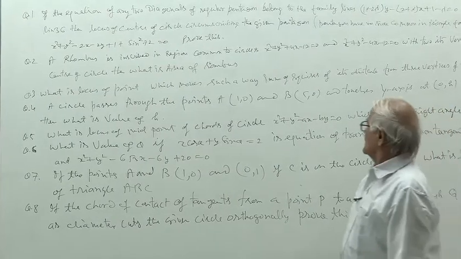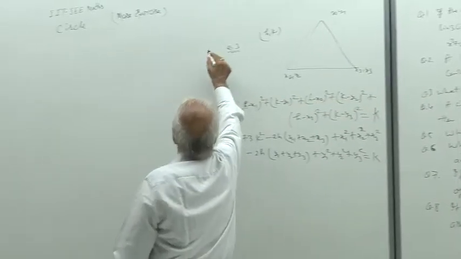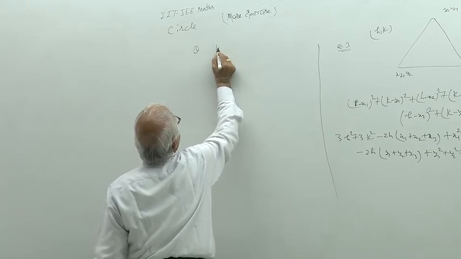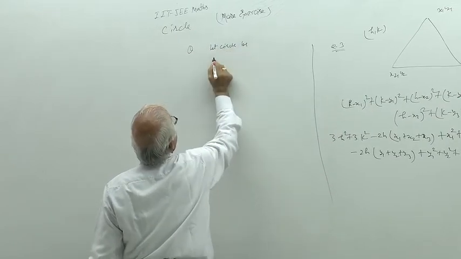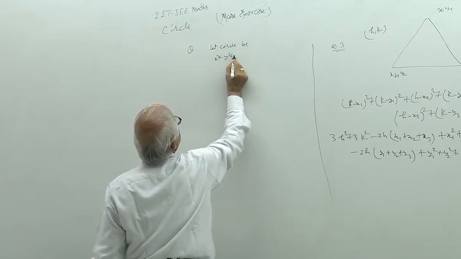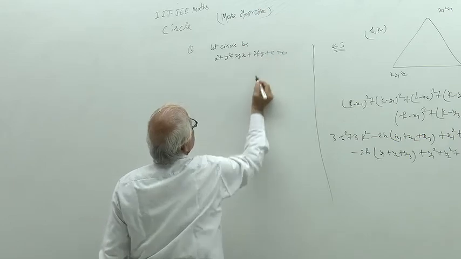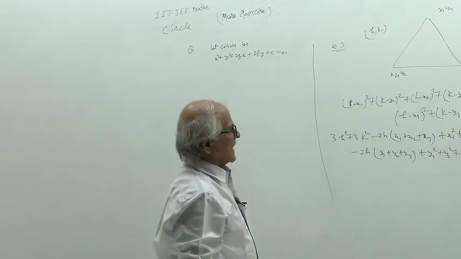Now you see, let the circle be x square plus y square plus 2gx plus 2fy plus c is equal to 0. Now what does it say?